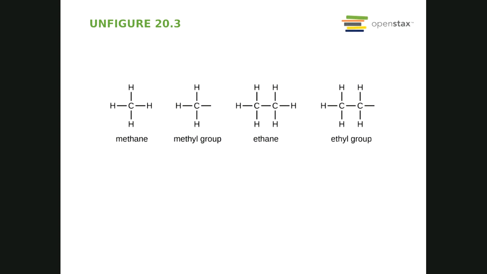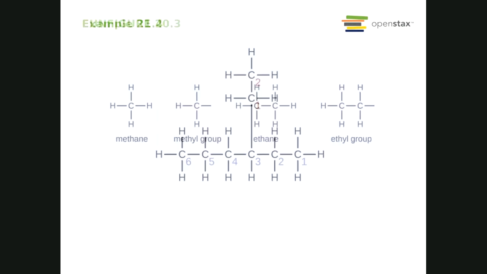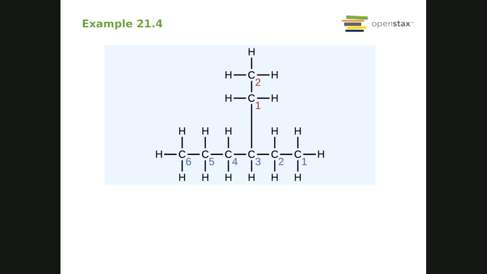For groups, when you are changing to a branch, you drop the A-N-E and add Y-L. So methane changes to methyl, ethane changes to ethyl. If we have the main carbon chain, consecutive carbons, I can just slide the marker when I'm numbering 1, 2, 3, 4, 5, 6.